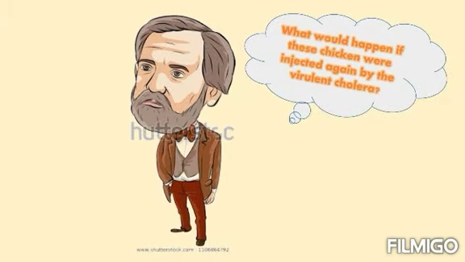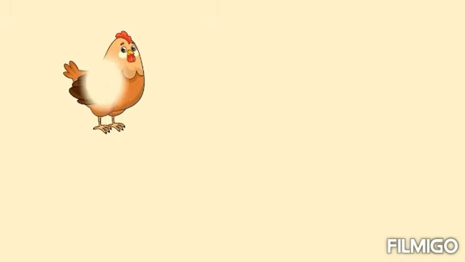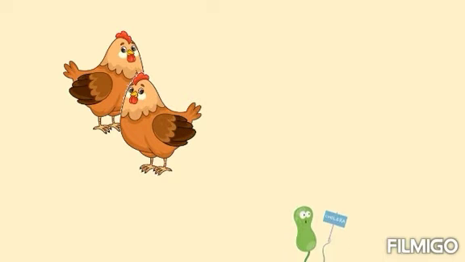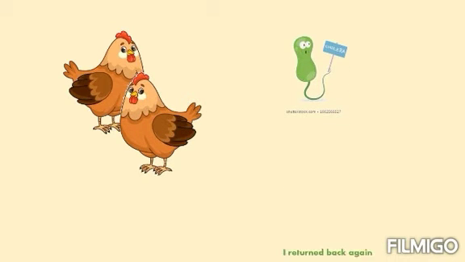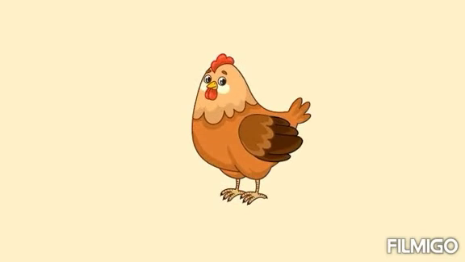So he asked himself what would happen if he injected these chickens again with fresh cholera bacteria. So he moved to his third experiment, where he injected these chickens again with fresh cholera bacteria, and he waited to observe the results.